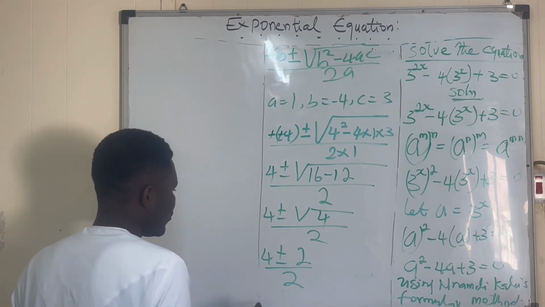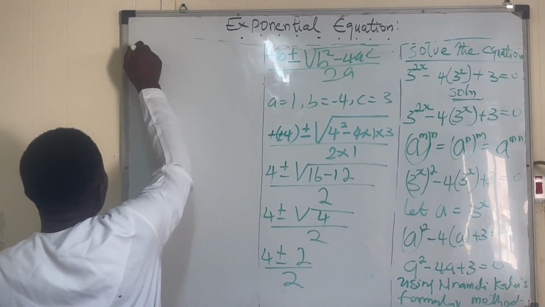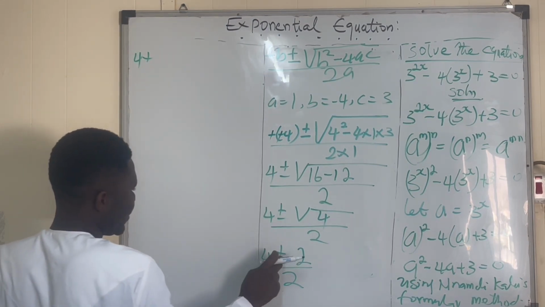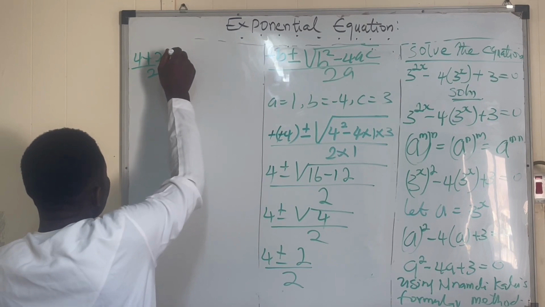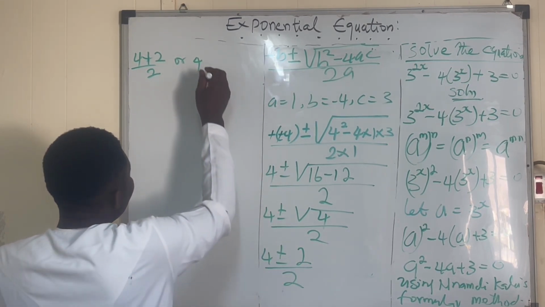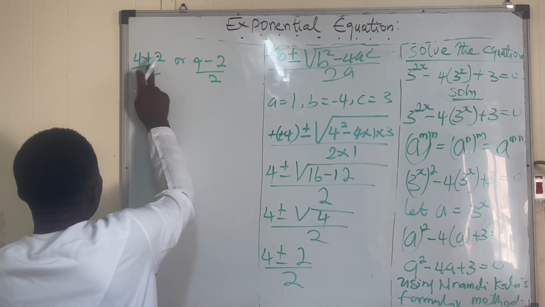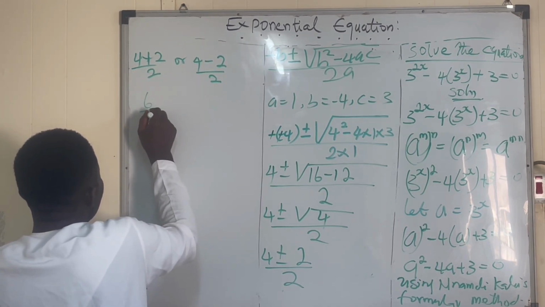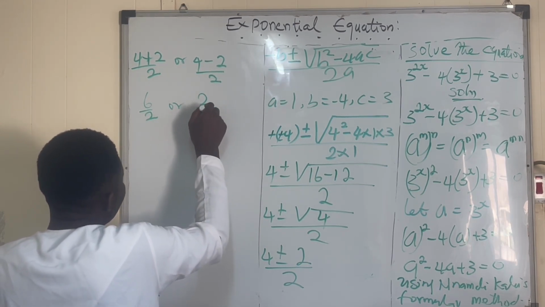So from here, we can split this by saying 4 plus 2 all over 2, or 4 minus 2 all over 2. So 4 plus 2 is 6 divided by 2, or 4 minus 2 is 2 divided by 2.